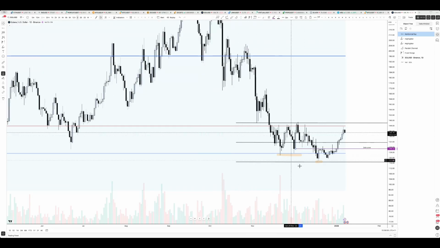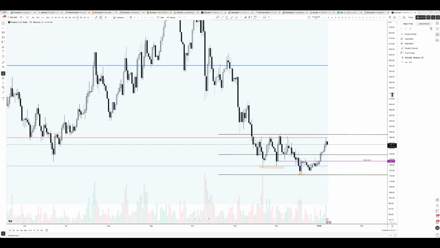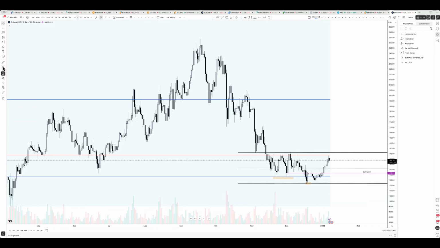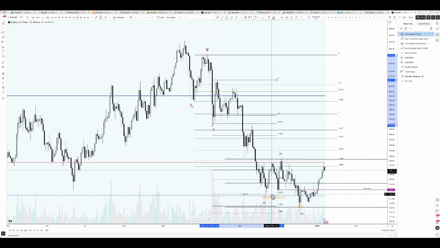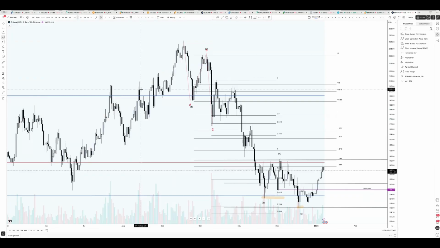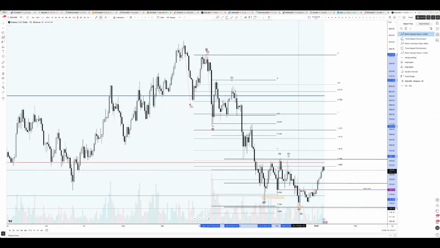So what we're going to do is build this layer up from a Fibonacci and Elliott wave count. From an Elliott wave count, we have our 1.618 there. So that's our correction. And what I'm thinking right now is this: from there, we have our 1, potentially 2, 3, 4, 5.